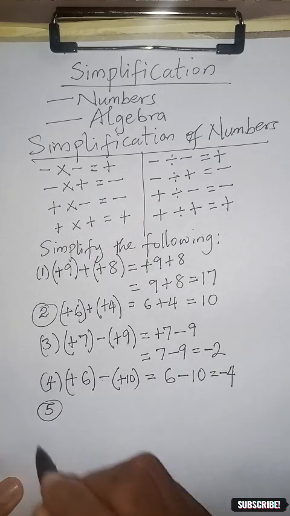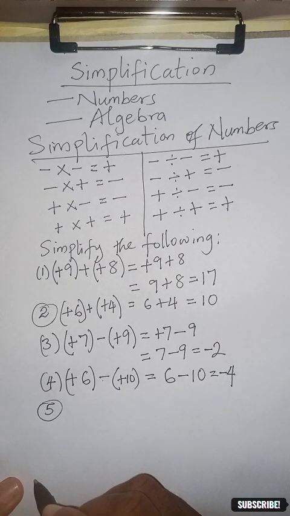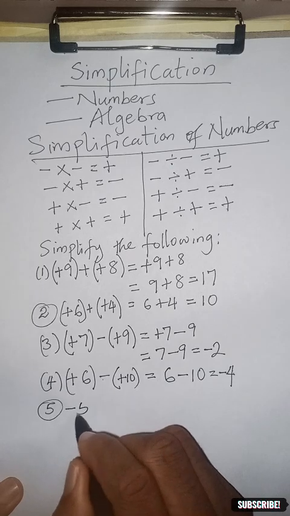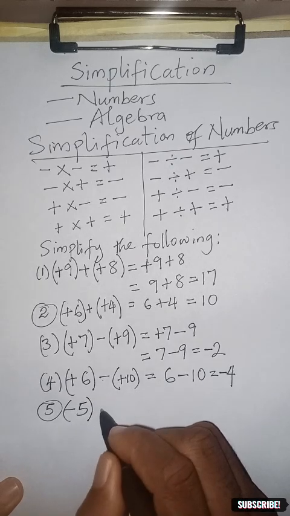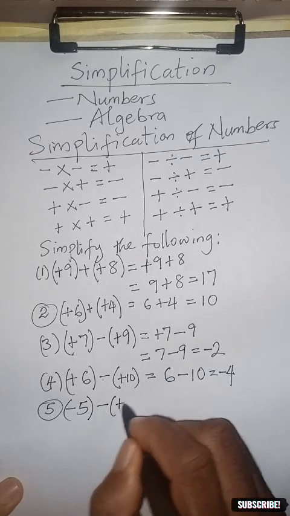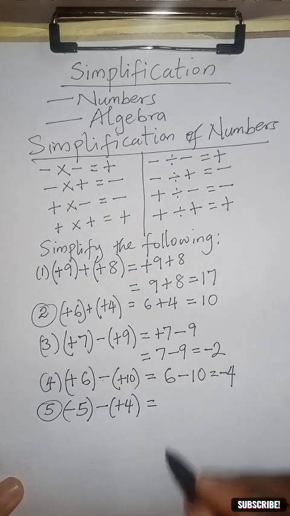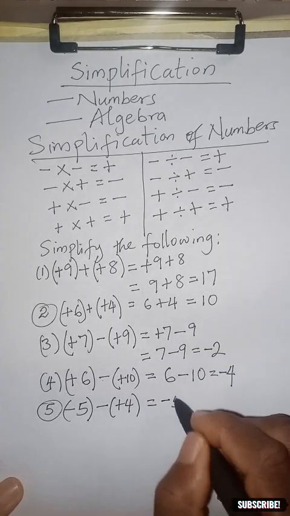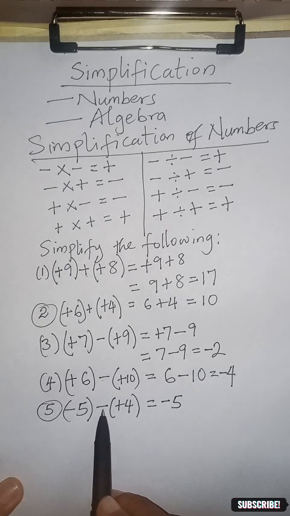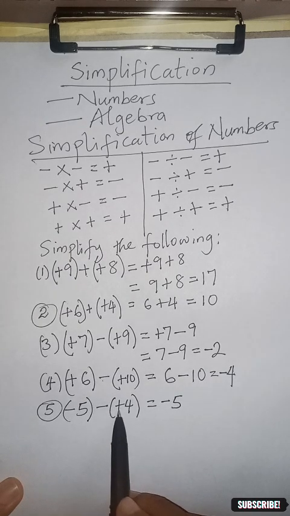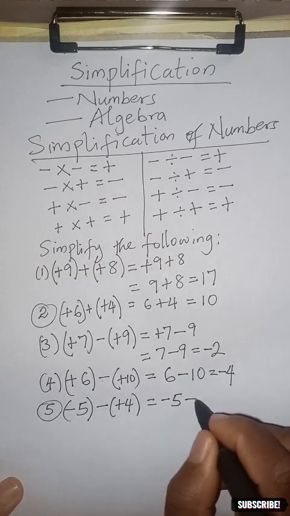Now let's go to number 5. If I have minus 5 in brackets, minus plus 4, what will be the value? This is minus 5. Now I have minus times plus, and that's minus 4.